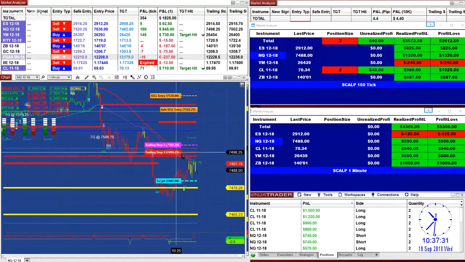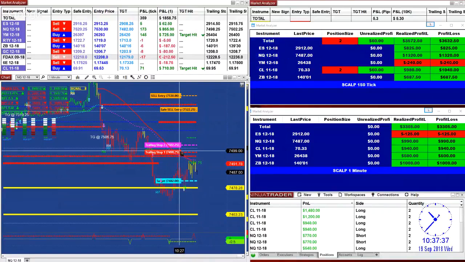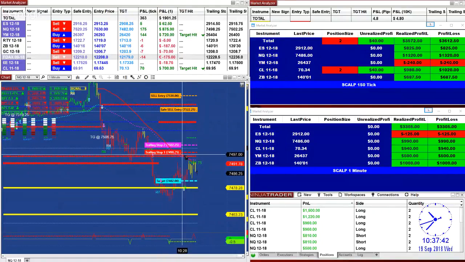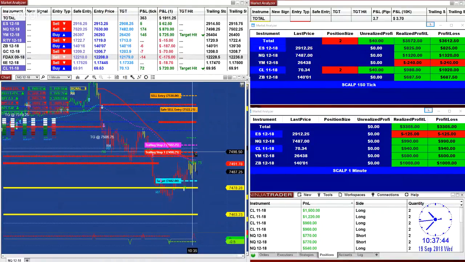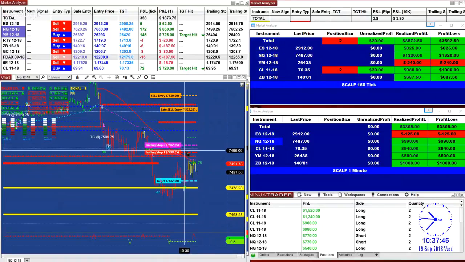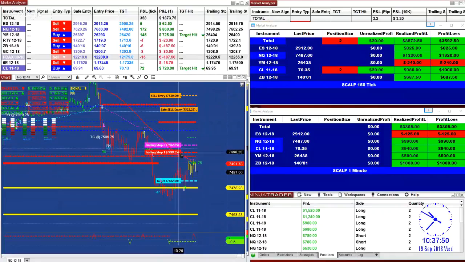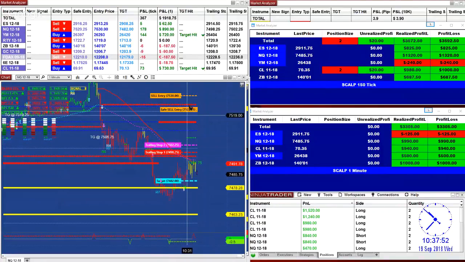As long as this Nasdaq is not crossing those areas, we're only thinking short. We're only thinking short until we identify trend, pullback, re-entry. As long as this market is not able to break those areas, we're only thinking short and short only.